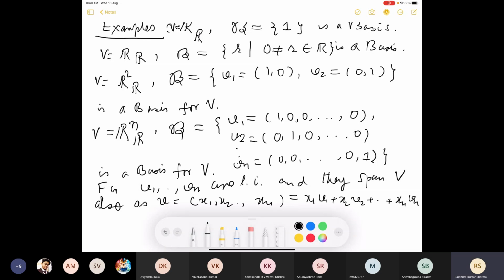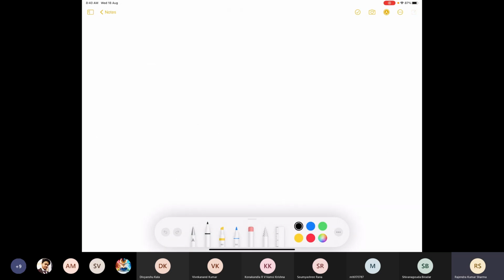Now we can replace this R by any arbitrary field. So let us take V to be Fn over F, where F is a field. So this is a vector space over F. Once again, the addition is coordinate wise and multiplication by alpha is the n-tuple where each coordinate is multiplied by alpha.